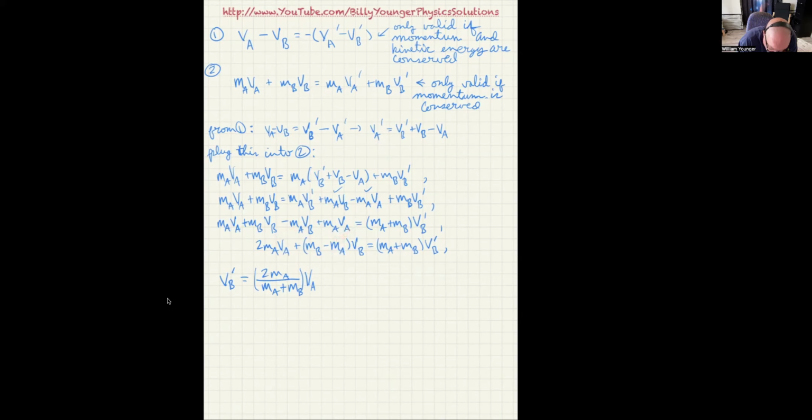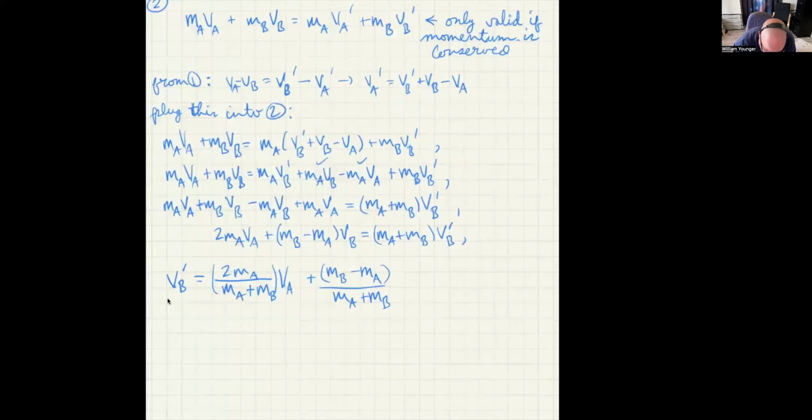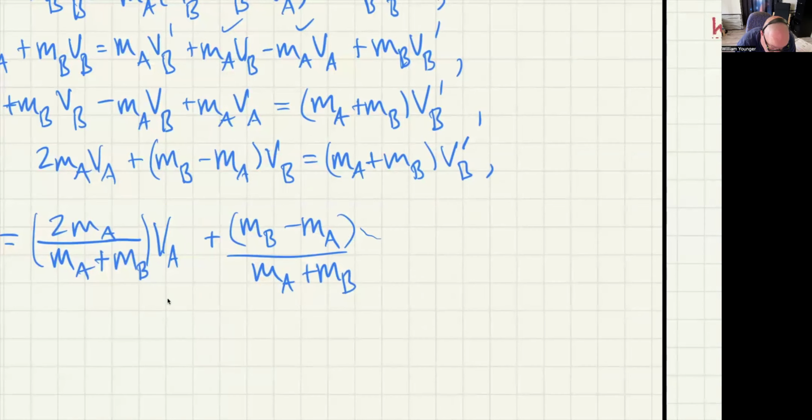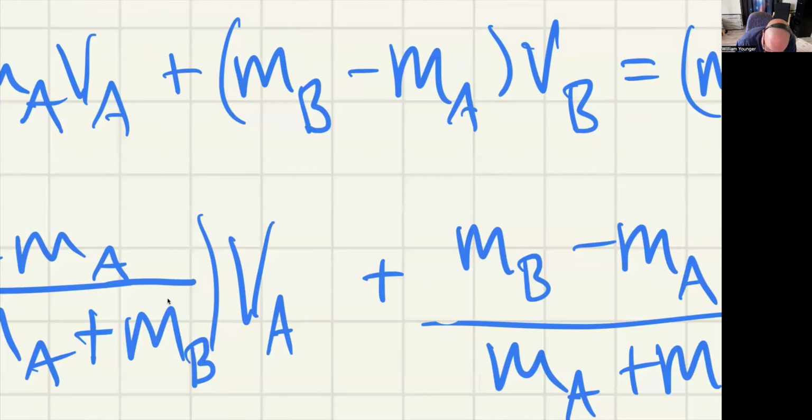So this one's going to be plus, in this case, MB minus MA over MA plus MB. Now, I don't really necessarily need those parentheses because the fraction bar is doing the same job, so I'll go ahead and erase those just to make it a little cleaner.